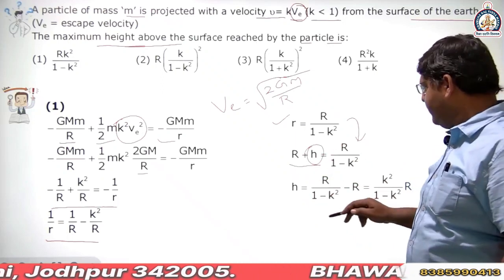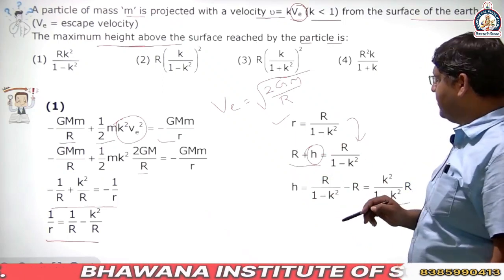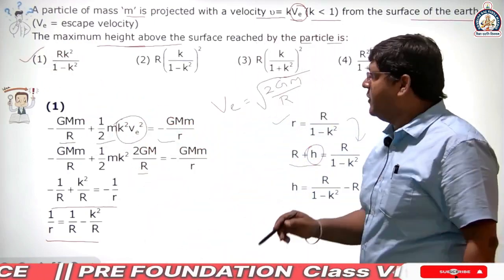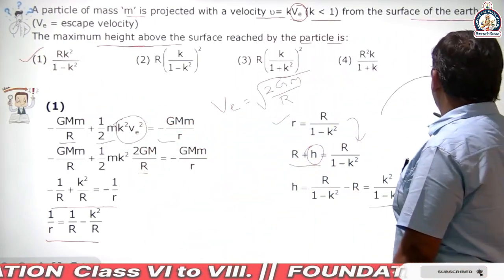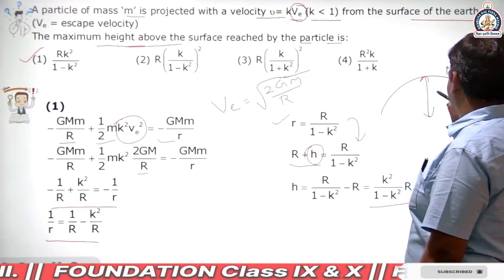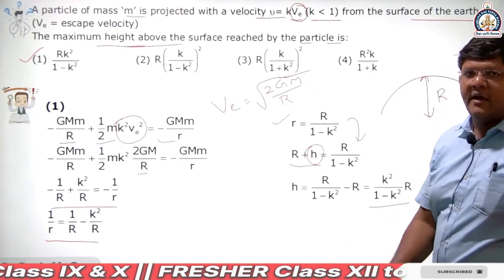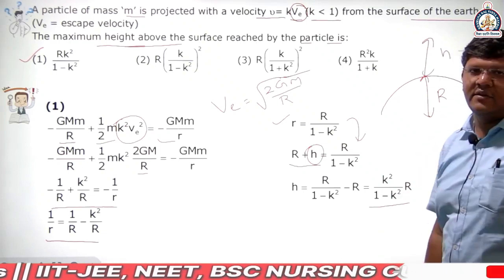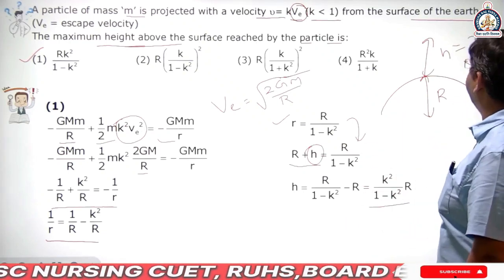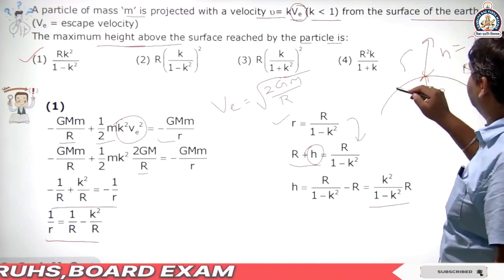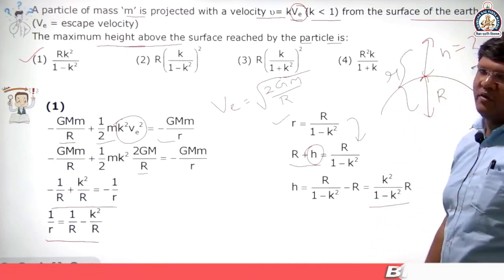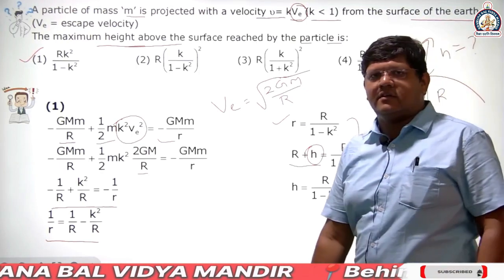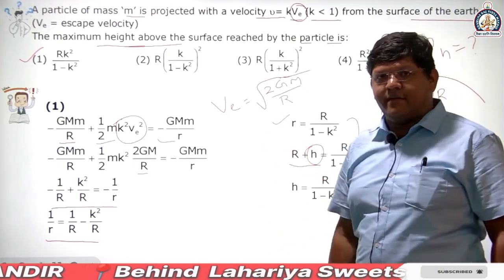So solving for h, we get k square upon 1 minus k square into R. That is our option number one, because this is our earth surface, and from the center to the surface we take the distance as the radius, and above the surface the height is h. We have to calculate the value of h, and both these combined are known as small r. This is the required solution for this type of question from your gravitation topic.